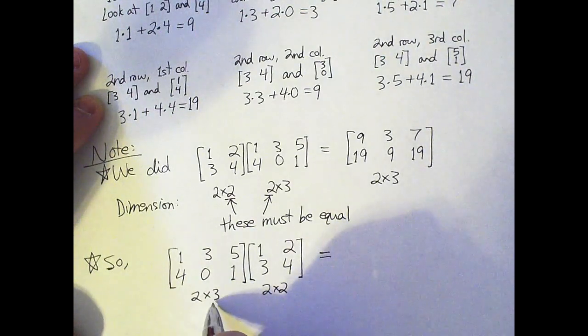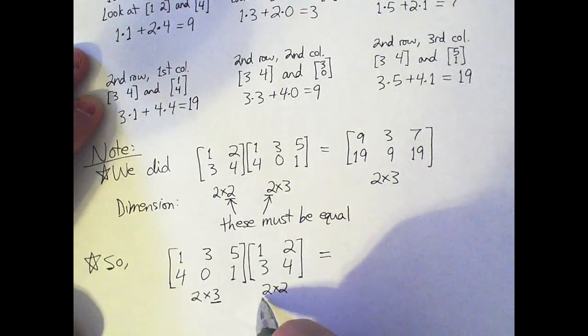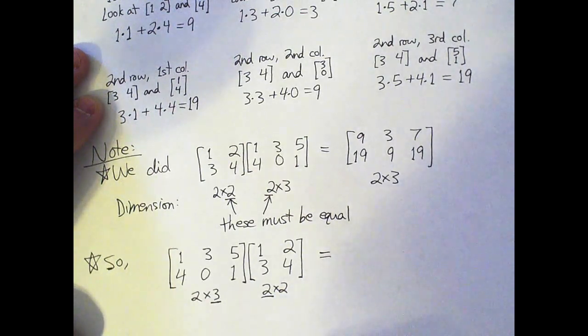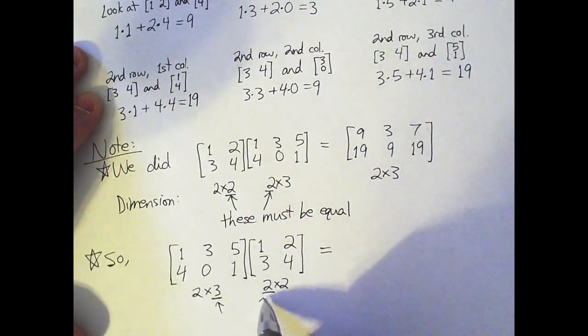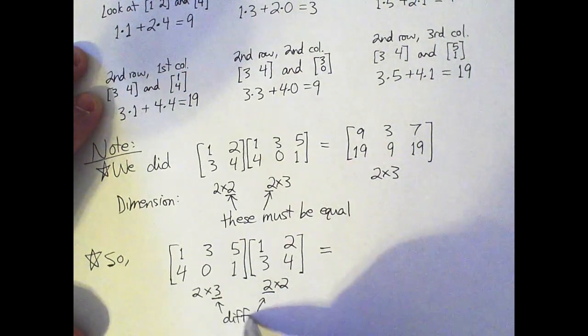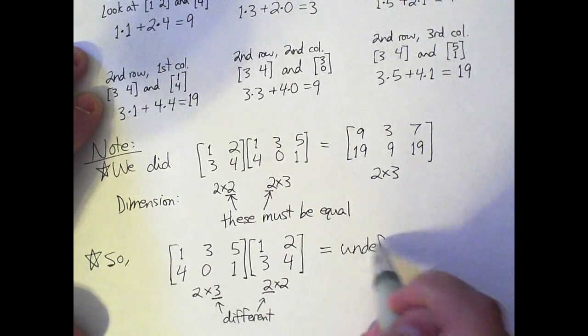And this is the number of columns of the first matrix and the number of rows in the second one. They're not equal, right? So because these are different, you just say it's undefined.